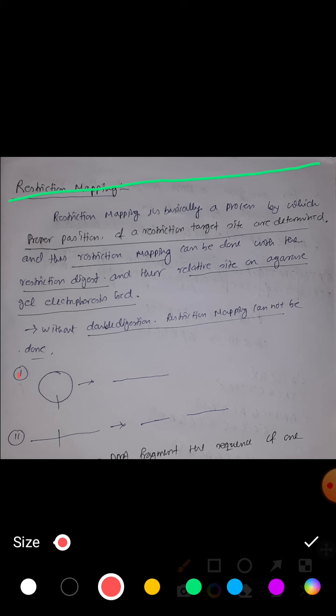Okay, so in a restriction mapping problem, at graduation level, they will give you two enzymes. I am making this video on the basis of the graduation level. We are not going to discuss triple digestion. This is where I am confining my video, up to double digestion.